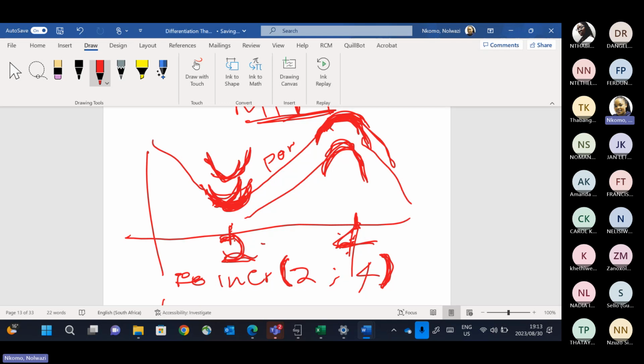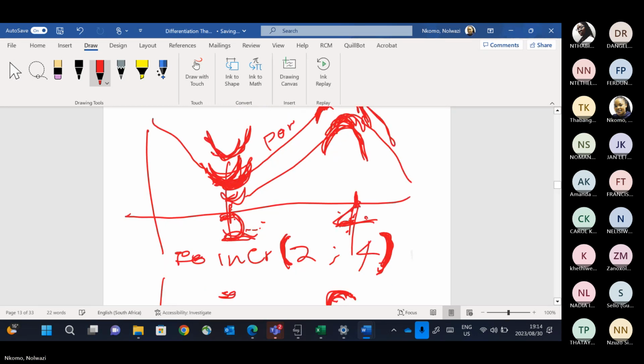We said these two values we're not going to include here because at these two points they are stationary points. So we'll say the graph is increasing between them. And to show that it's increasing between those two points, we do not include them, we put the curly brackets.